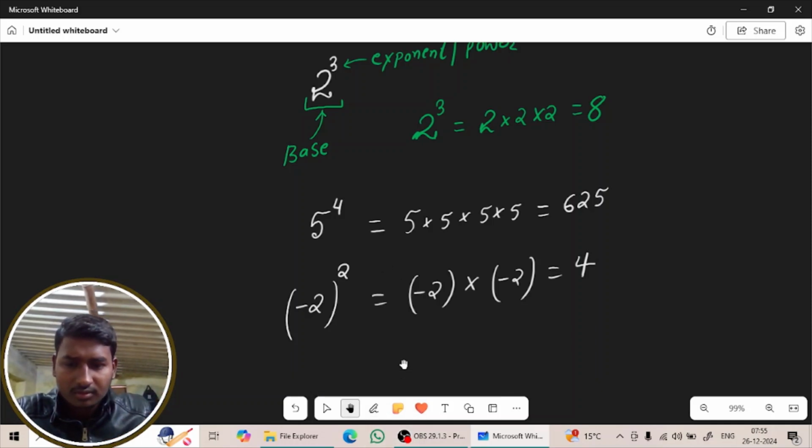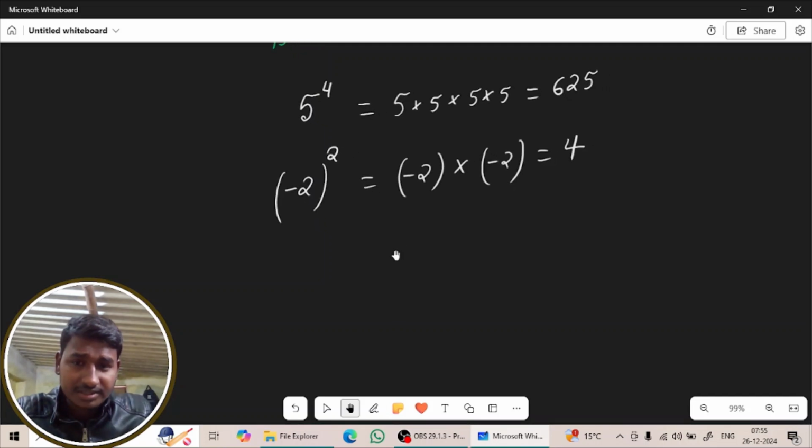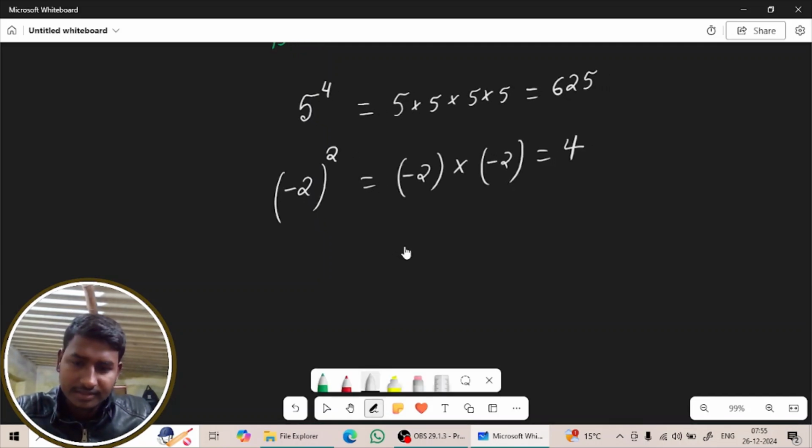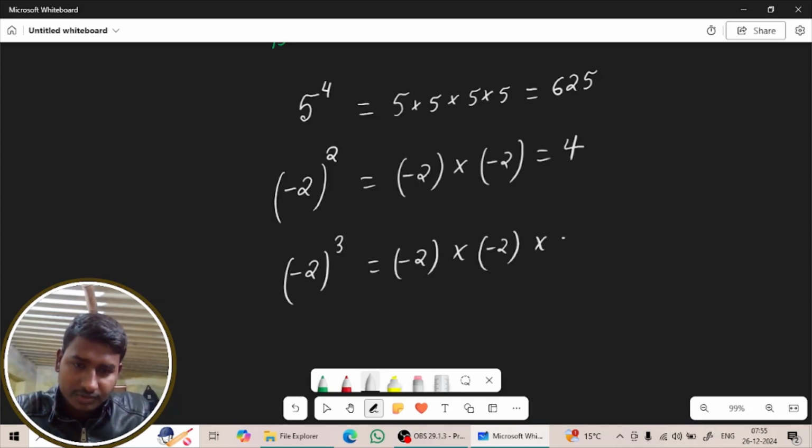Now, if we take another example, let's say I'm writing negative 2 to the power of 3. What will it give us? Negative 2 times negative 2 times negative 2: negative 2 times negative 2 is positive 4, and then positive 4 times negative 2 is negative 8.